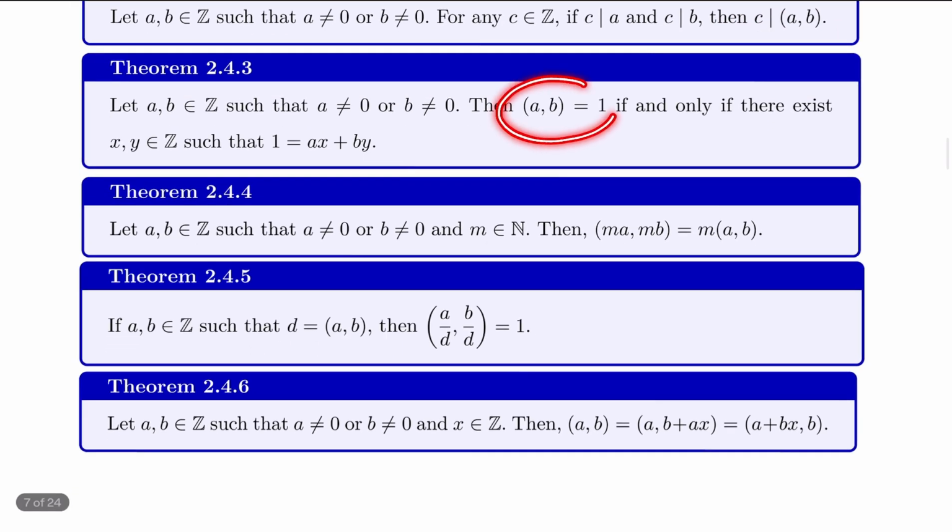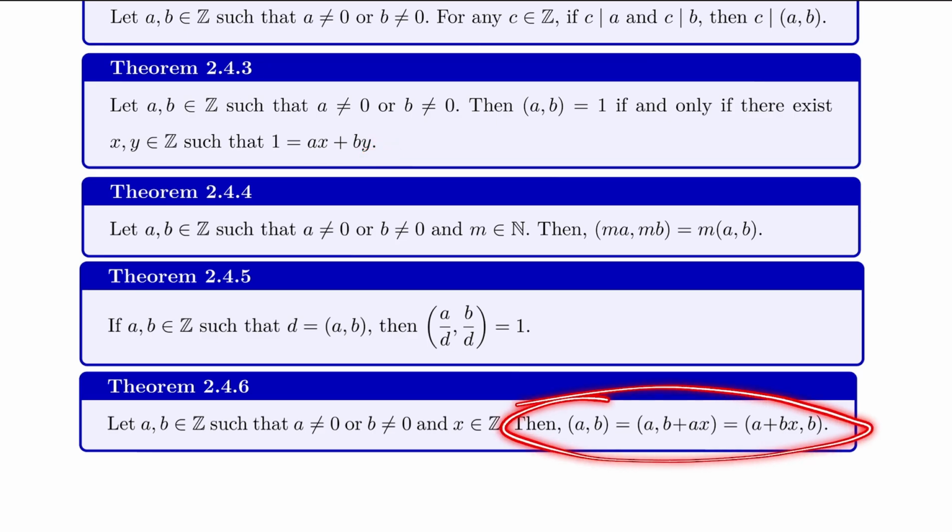And this one may be useful: the greatest common divisor of a and b is 1 if and only if there exist integers x and y such that 1 equals ax plus by. Okay, I think I might use this one.